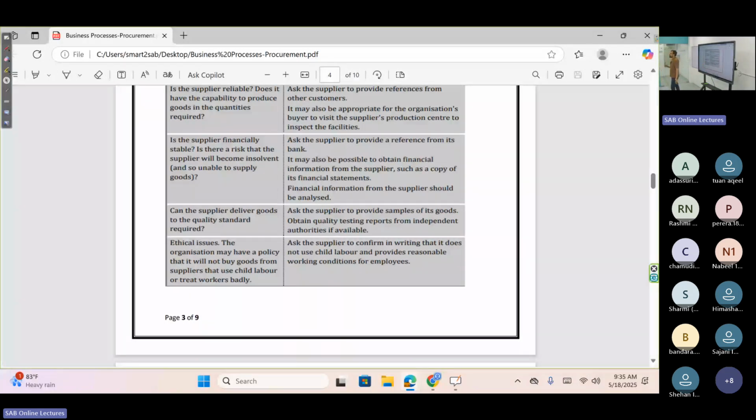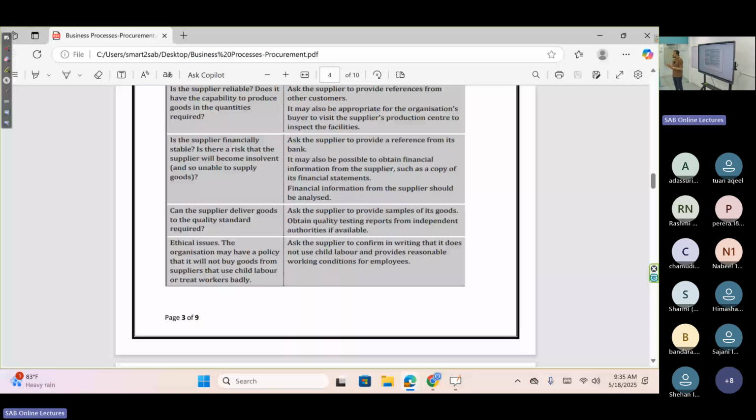Ethical issues: you should take written confirmation from your supplier. You can also do internet research on past records in other areas. If any problem comes later, then we can show that confirmation: we have obtained this confirmation.